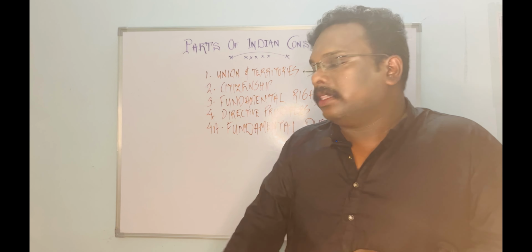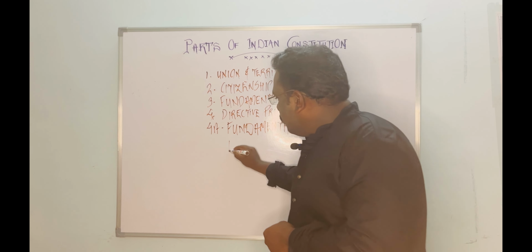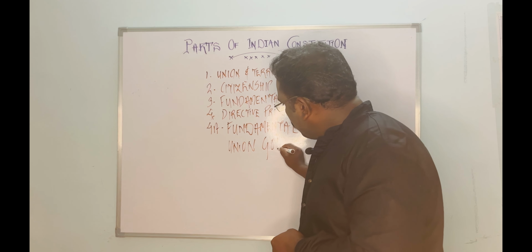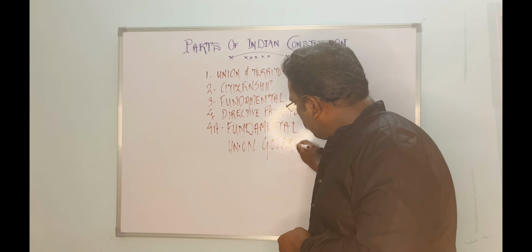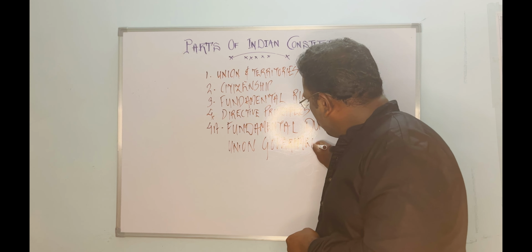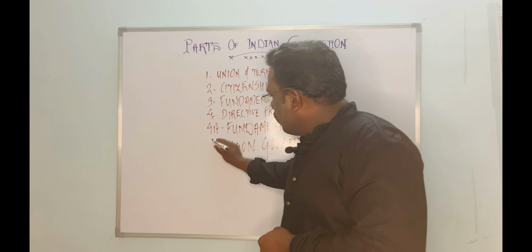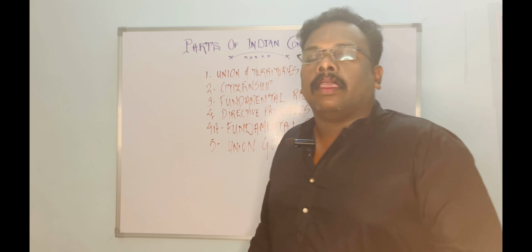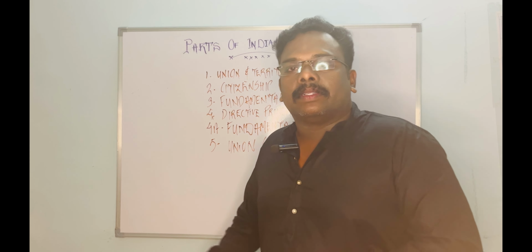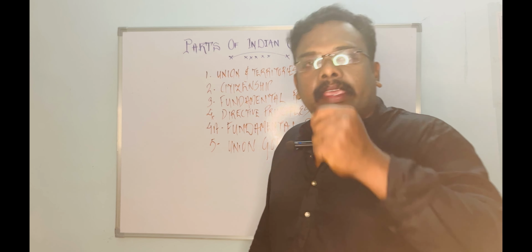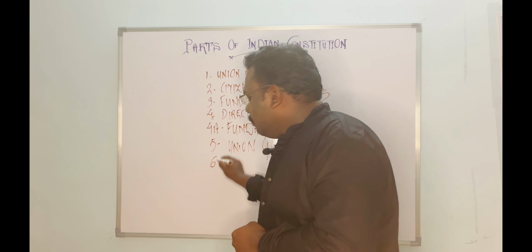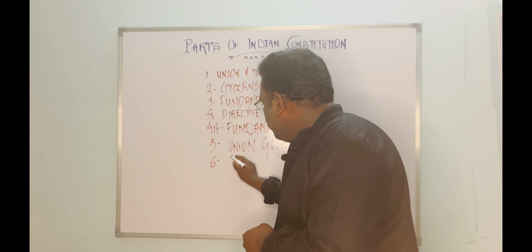So we should start with the union government. Part 5 is the union government, which is the second important administrative division. It's nothing other than states. Part 6 is states.